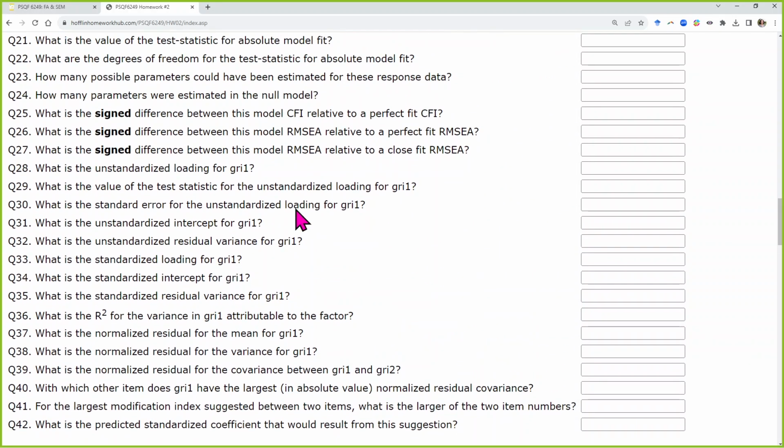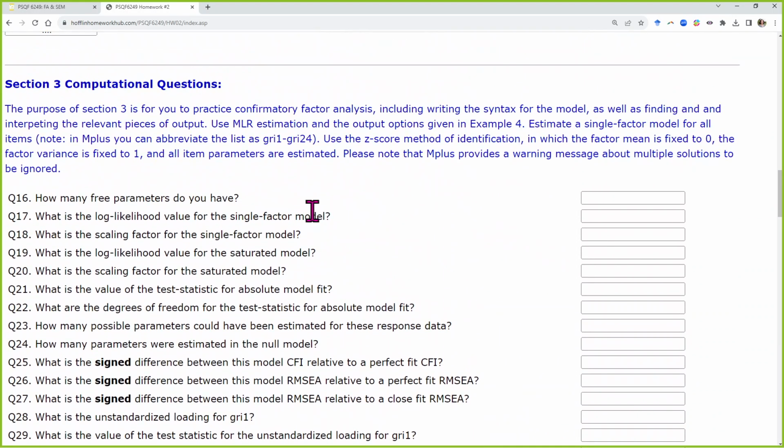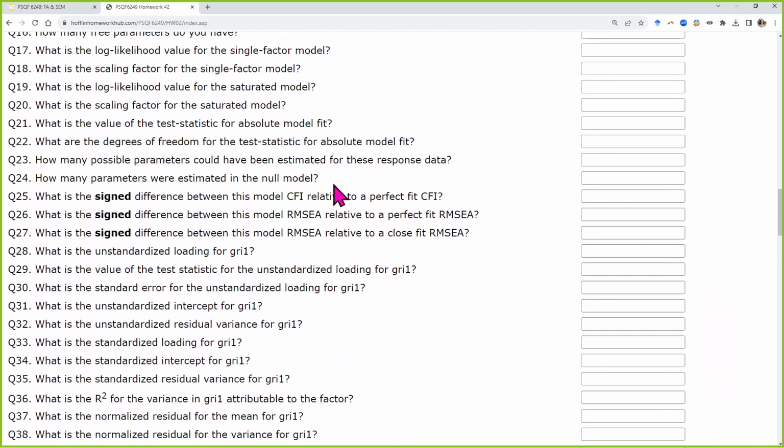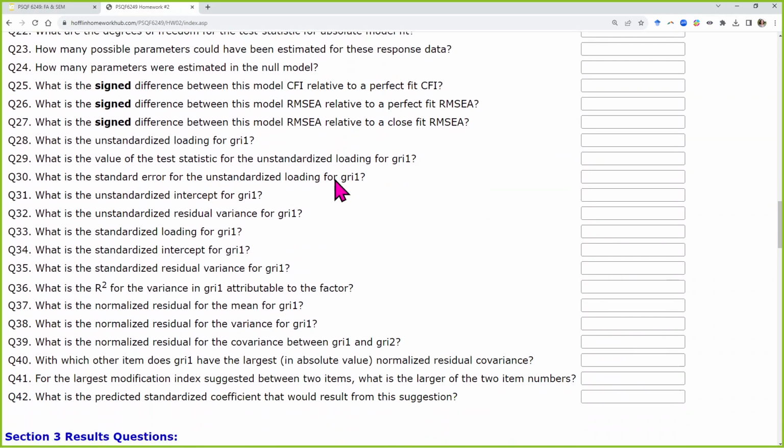Yeah, so most of this is fairly straightforward. Note that within the instructions, I'm telling you how to identify the model and any other notes about what should happen and what you should do. Any questions on section 3 that I can answer right now? Zoomers? Moving on.